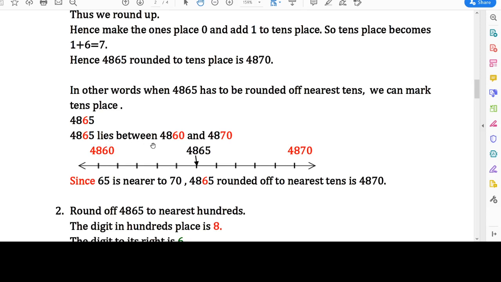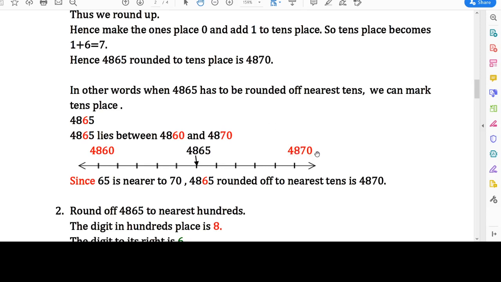4865 lies between 4860 and 4870. Since 6 is in the tens place, we have to take multiples of 10. So 65 lies between which two multiples of 10 we have to check. So it lies between 60 and 70. Since it is exactly in the center, we will round it up.